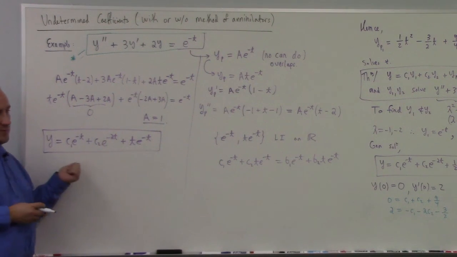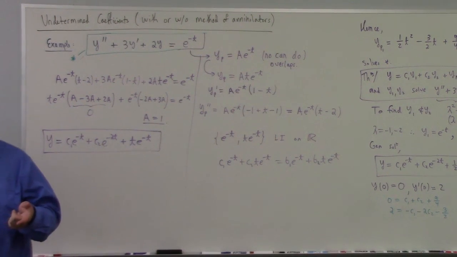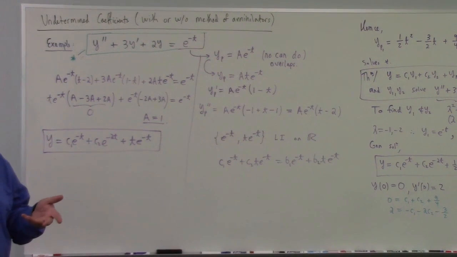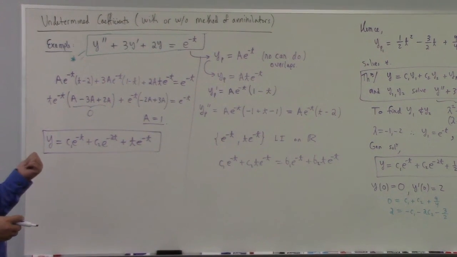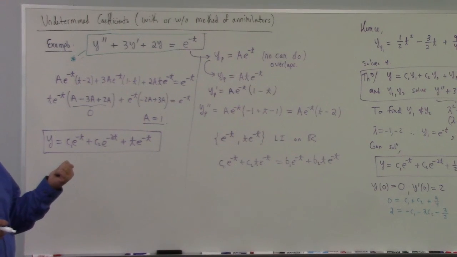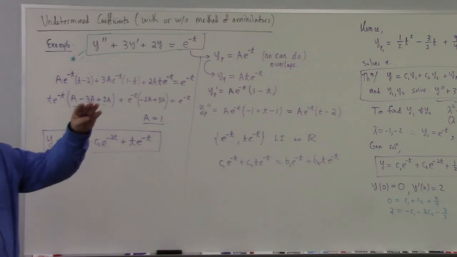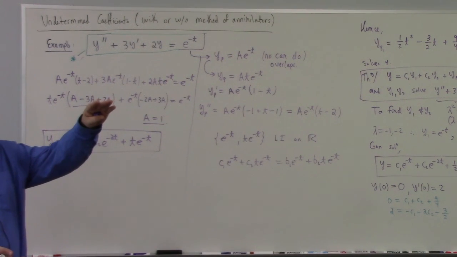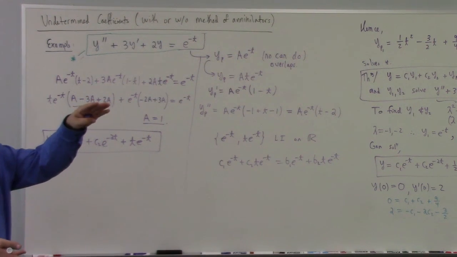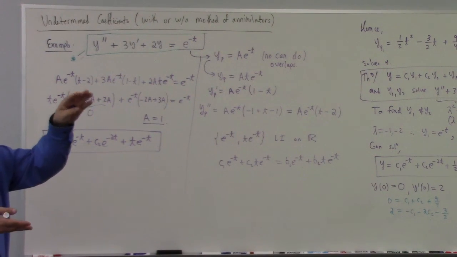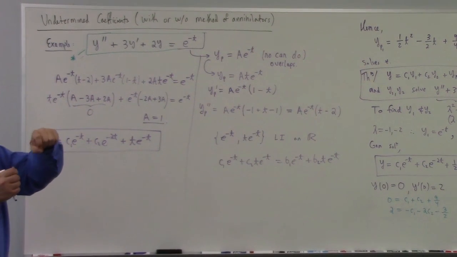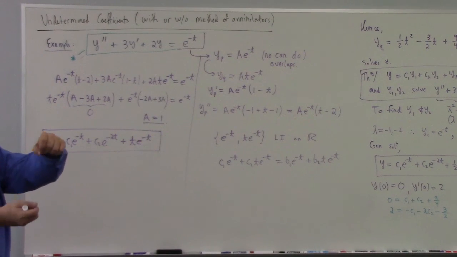Oh, so chapter 4 in the book, right? I've assigned you guys problems out of 4.5, and stuff like this. Now, there's no method of annihilators in there. So how do you know when to put t and when not to put t? Well, they've got these huge page-long theorems in there that have all of these gory cases. There's s's and r's and things floating around, and you've got to figure out, I'm in this case, so I should try such and such.